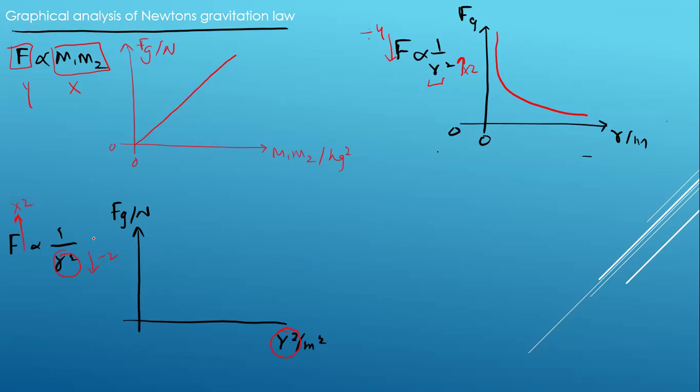If r square is increased 2 times, then the force is going to decrease 2 times. Why? Because now r square is plotted. So this graph would be less steep. The only difference is that the top graph was more steep, but this graph is less steep.